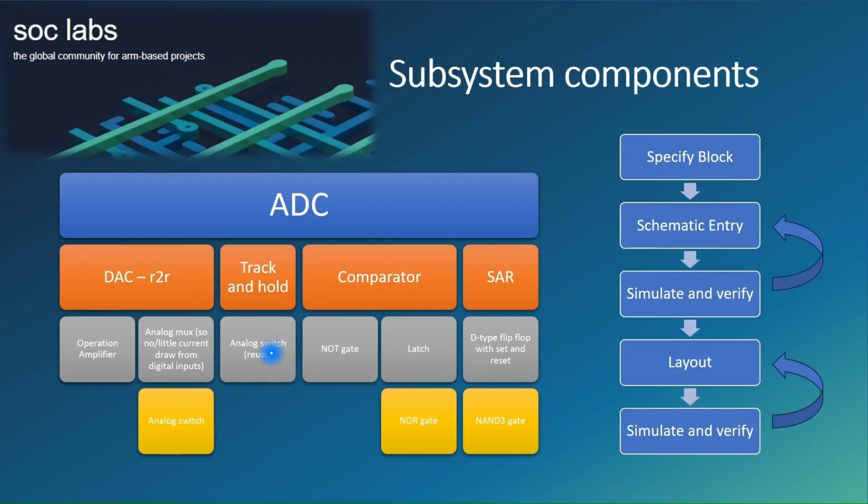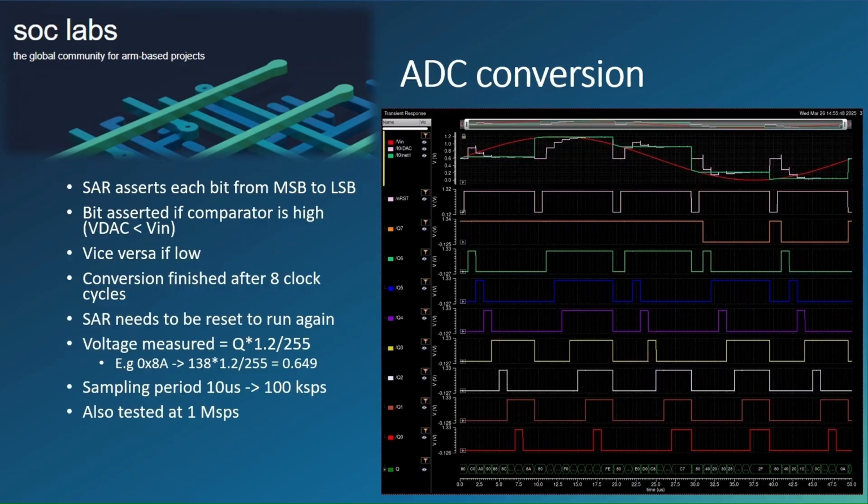So the analog switch is reused. We've got gate reuse, op amp as well, I believe. This is the block specification. You take each of these blocks to schematic, verify them, do the layout, verify again. Go round and round as many times as we need to get it working.